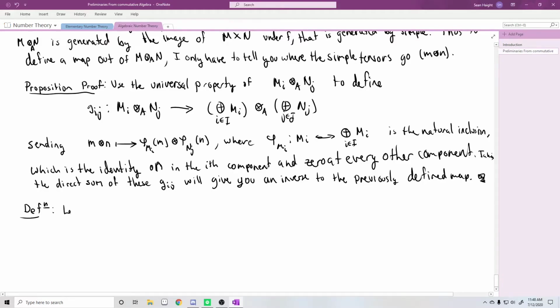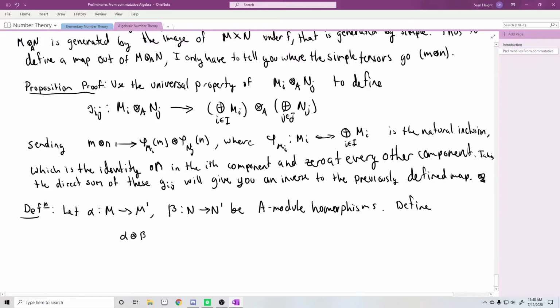I'm going to let alpha from M to M prime and beta from N to N prime be A-module homomorphisms. And I'm going to define the tensor product of these two maps.